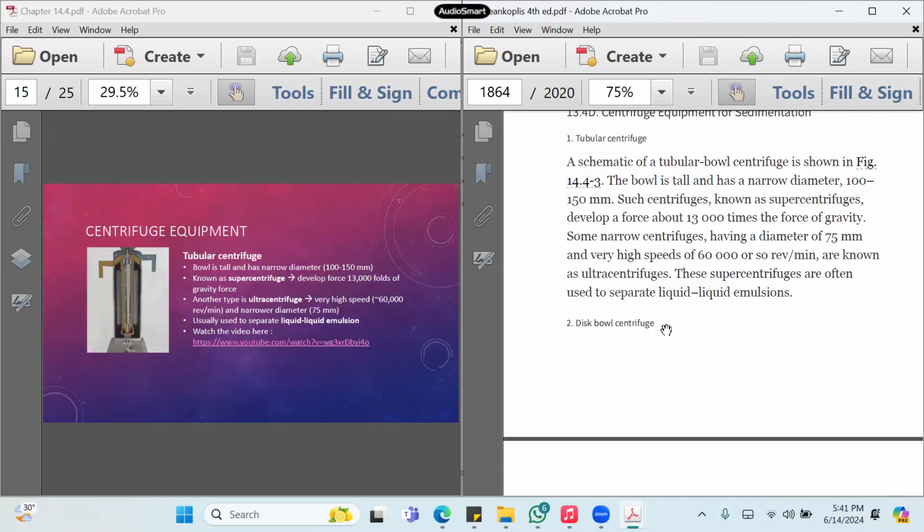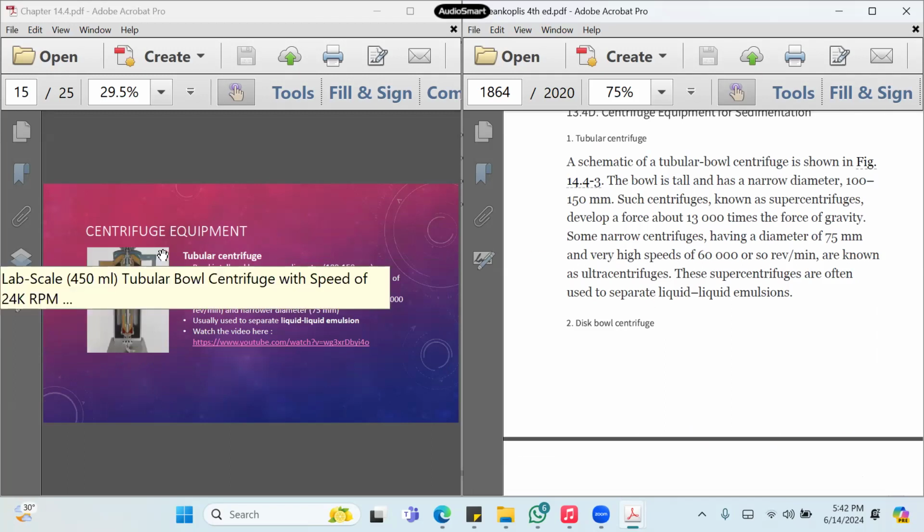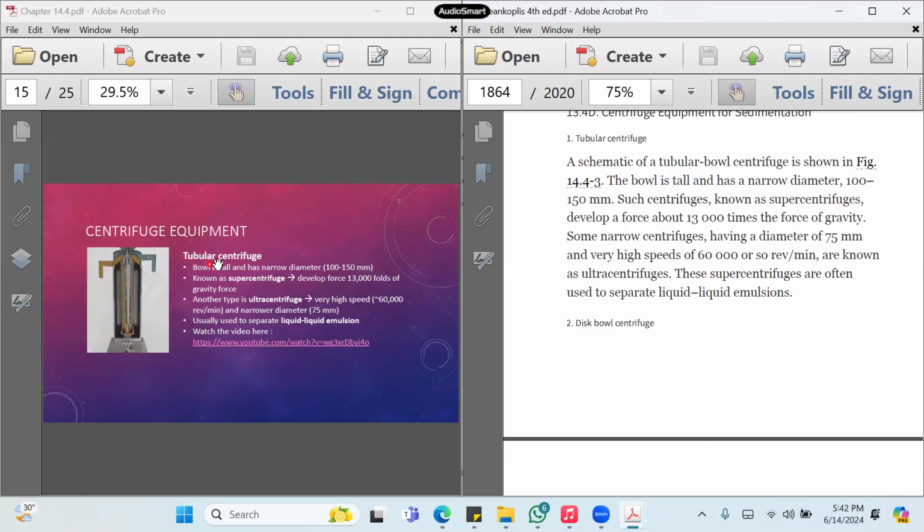Now, we go a little bit to the theory before we go back to the calculation later. For centrifugal settling, we have two popular pieces of equipment. One we call the tubular centrifuge. The bowl is very tall and has a narrow diameter. Sometimes we call it a super centrifuge, sometimes an ultra centrifuge.